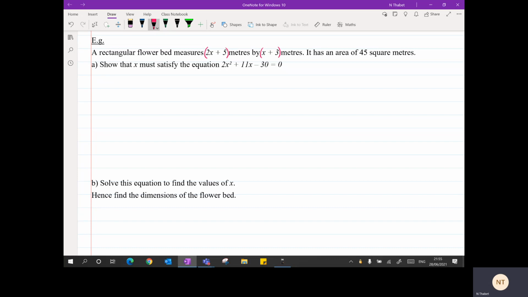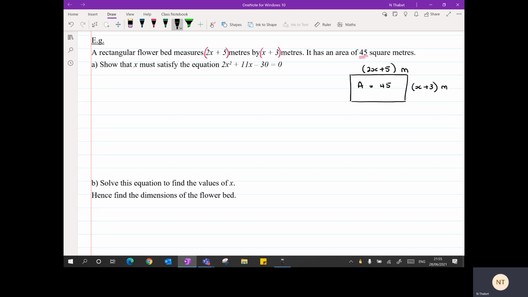And this particular rectangular flower bed has an area of 45 square meters. So they've set it out quite nicely. Here's a rectangle. Find the area of the rectangle, its length times width, and we know that one of them is 2x plus 5 and the other one is x plus 3 meters, and the area is 45.